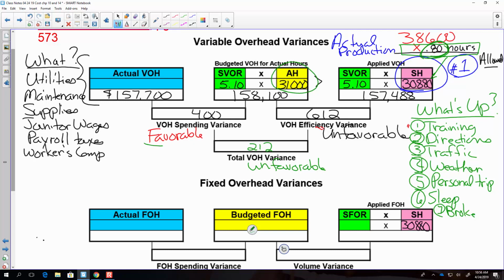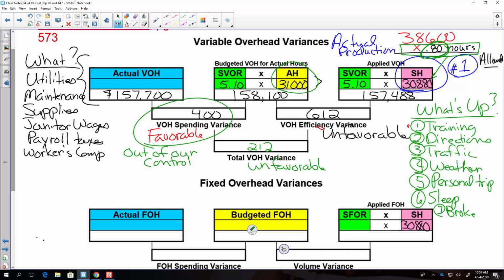Now, we have a favorable spending variance, which is good, right? In a lot of cases, the spending is out of our control, because who sets the prices? We don't, right? WPS doesn't say, well, what do you want to pay?